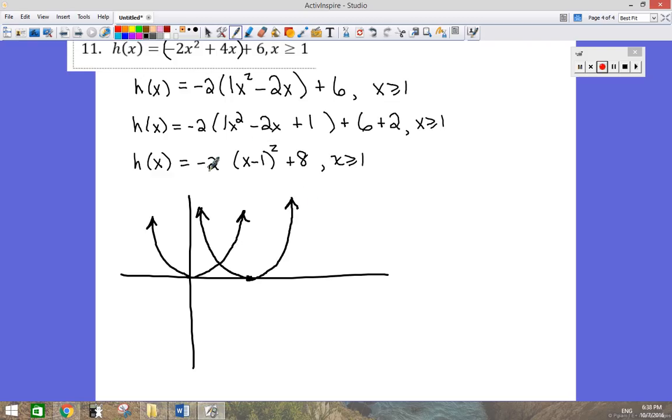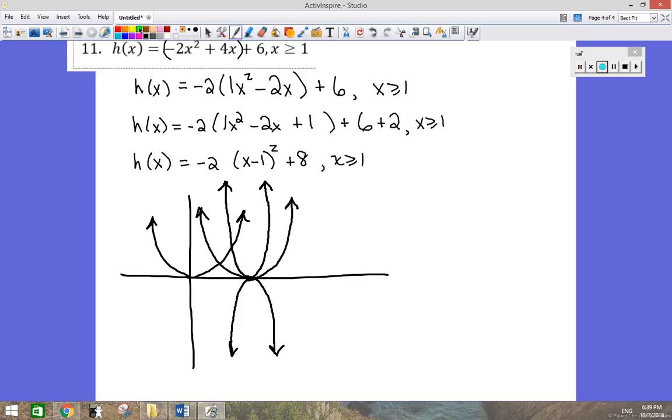When I go to the outside, that 2 is a vertical stretch, and the negative reflects it across the x-axis. So if I stretch this by a factor of 2, it becomes skinnier. And with the negative sign, I turn around and reflect it. Instead of opening upward, it opens downward.